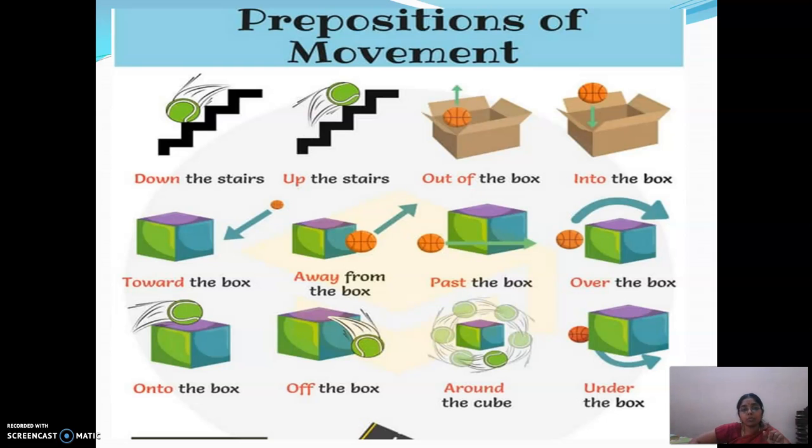The ball is moving down the stairs, first one, up the stairs, out of the box, coming out of the box, into the box, it is going into the box, towards the box, away from the box, past the box, over the box, onto the box, off the box, around the cube, not the box here, around the cube, under the box.